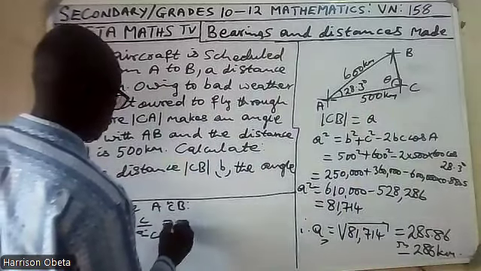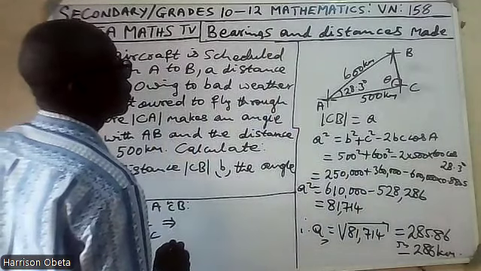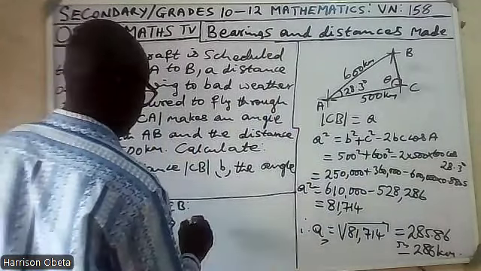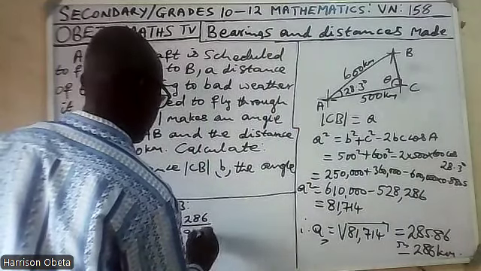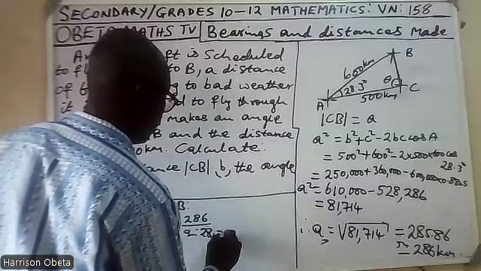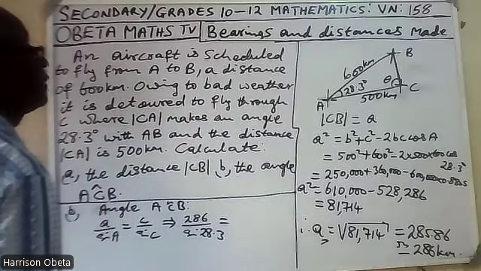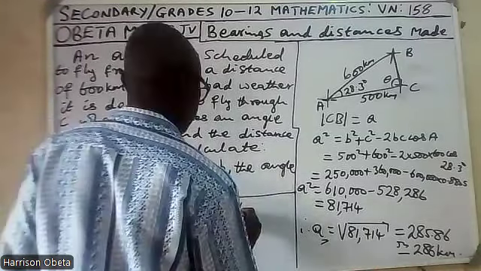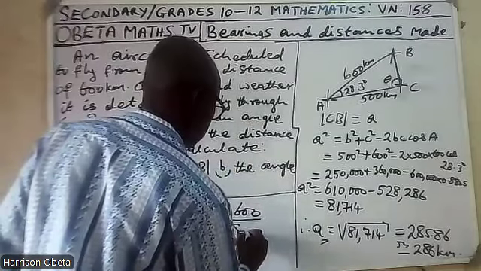And that will lead us to our A now is 286 all over sine 28.3, which is equal to C, 600 all over sine theta.